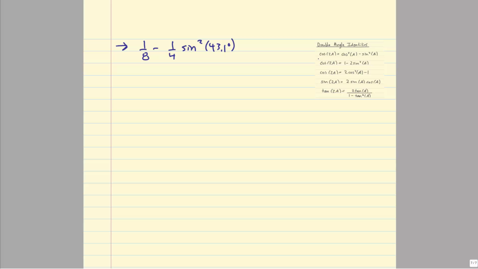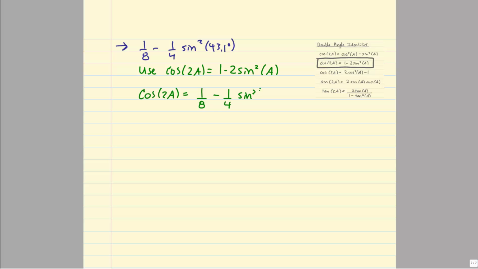Okay, so that's probably about the closest we can get right here. So let's go ahead and use cosine of 2a equals 1 minus 2 sine squared of a. So again, we're trying to figure this out. Cosine of 2a equals 1/8 minus 1/4 sine squared of 43.1 degrees. Well, if we would just take this expression right here and divide it by 4, no, that didn't work.